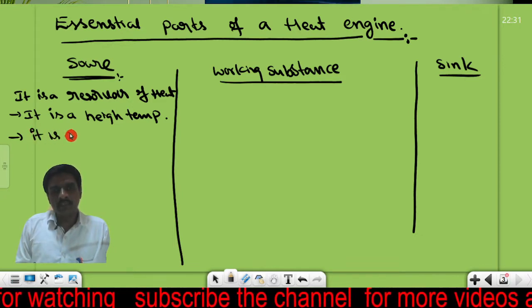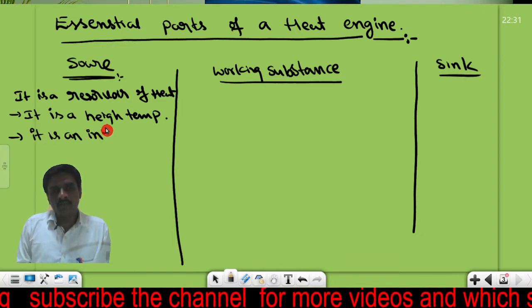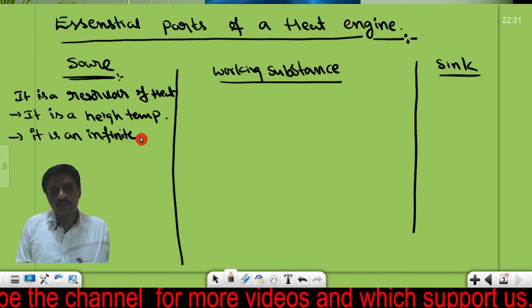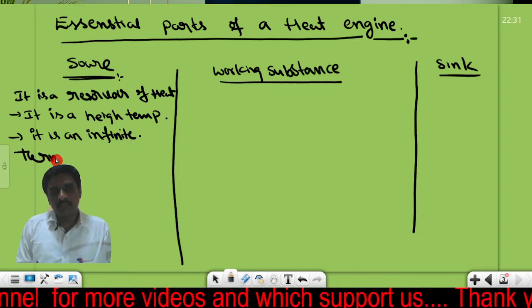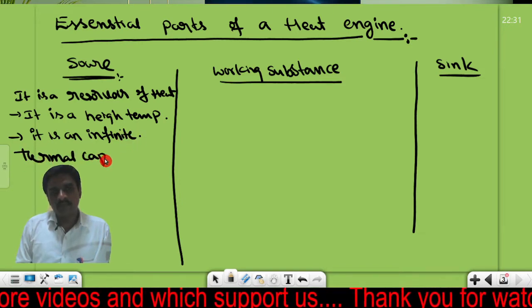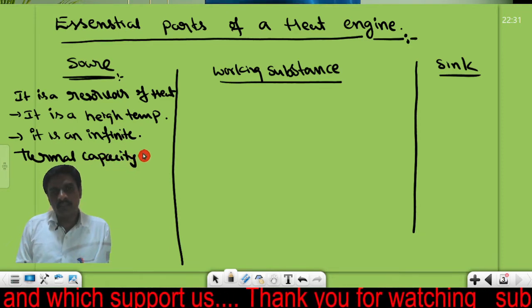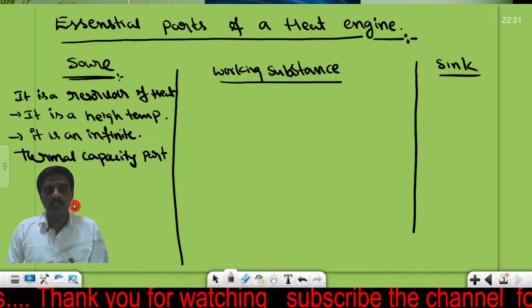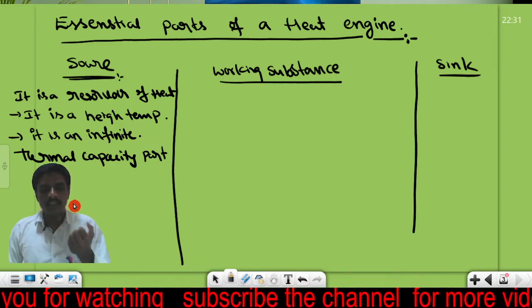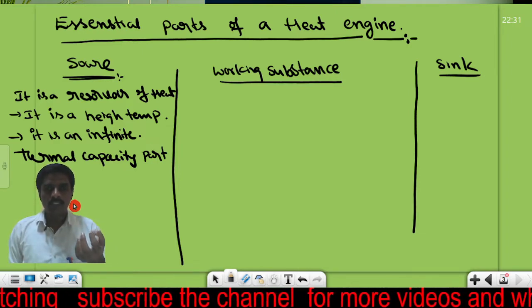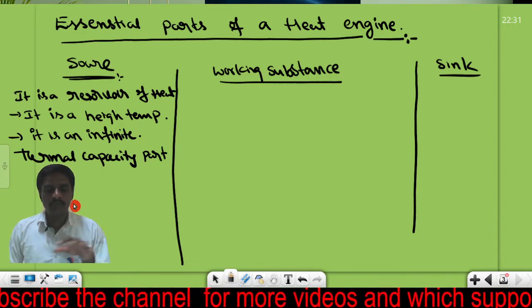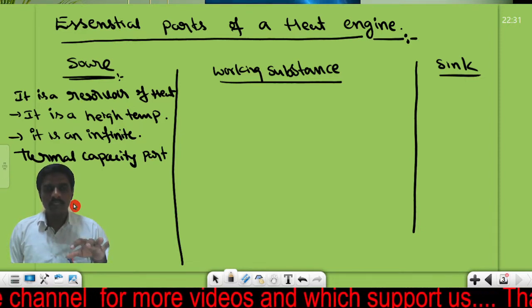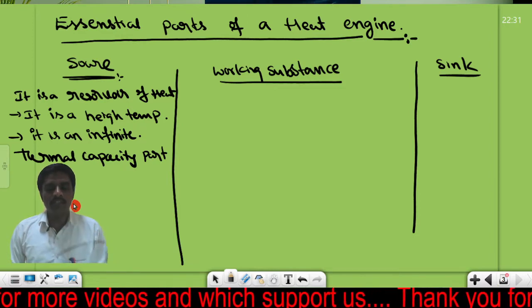That means if you are taking some amount of heat from this place, then the temperature of this place may not change. So the temperature will always remain constant.